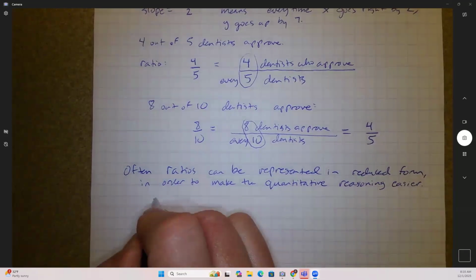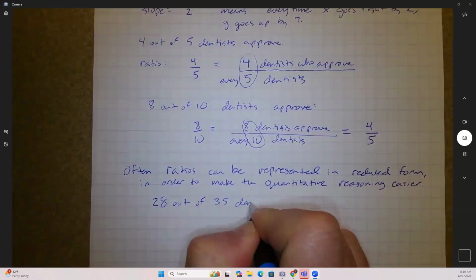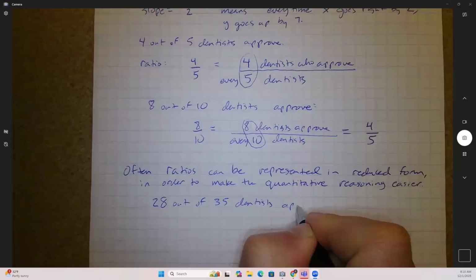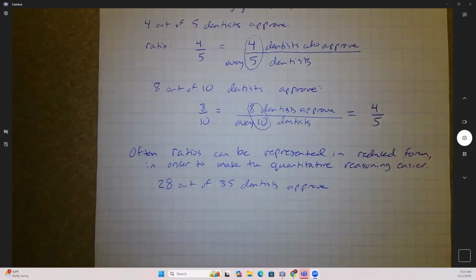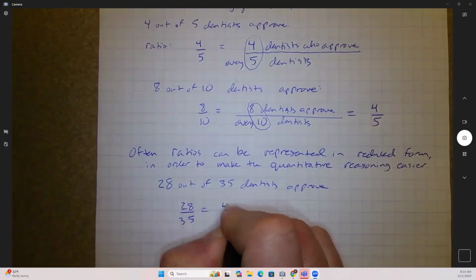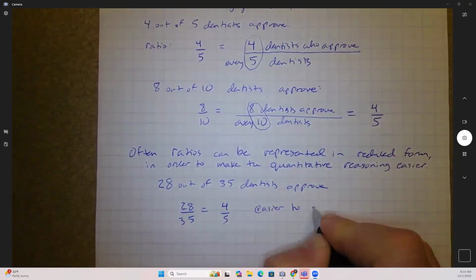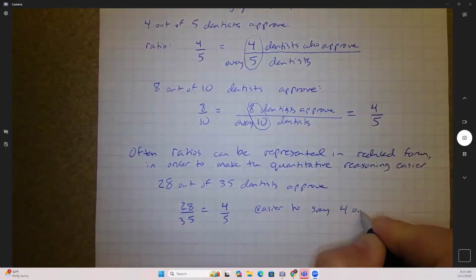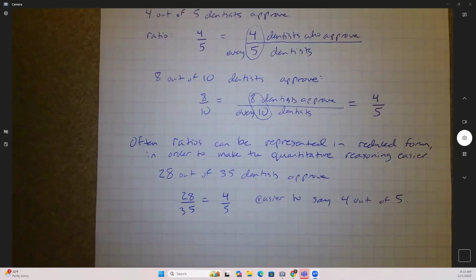I could say 28 out of 35 dentists approve. But carrying those numbers in my head is a little more challenging. 28 out of 35 reduces to 4 out of 5. So it's easier to say 4 out of 5. The ratio is the same.